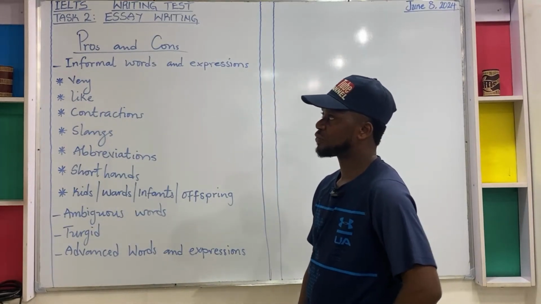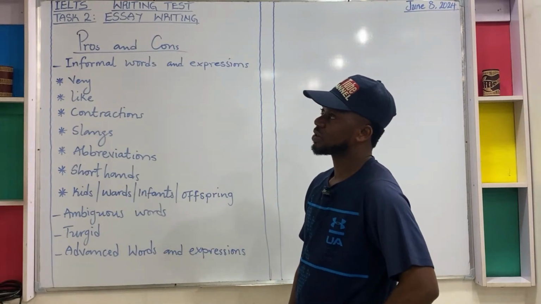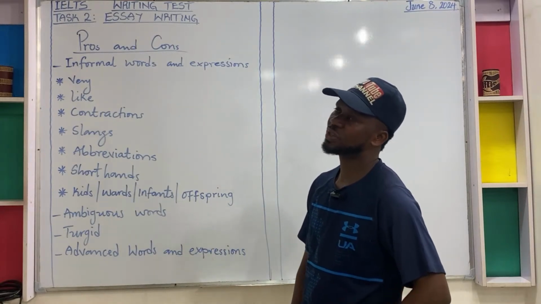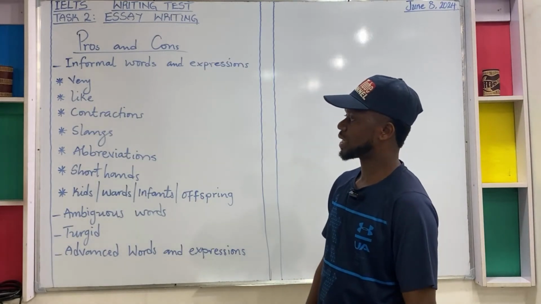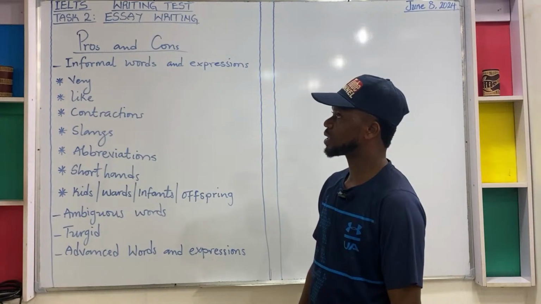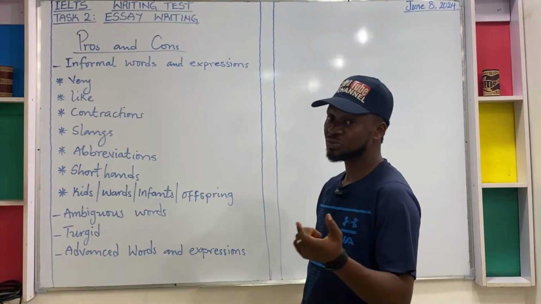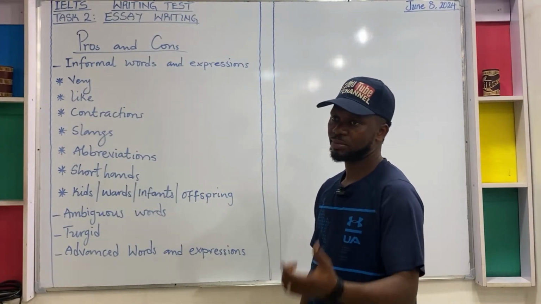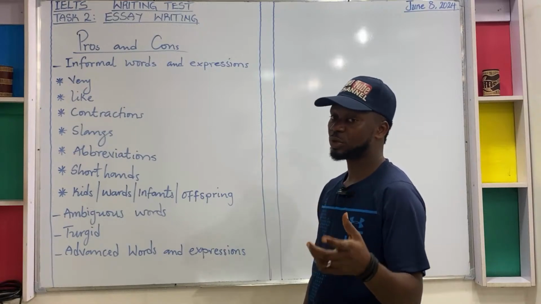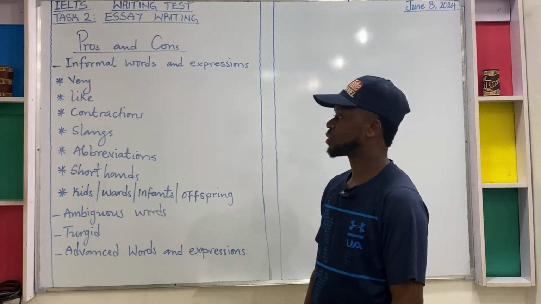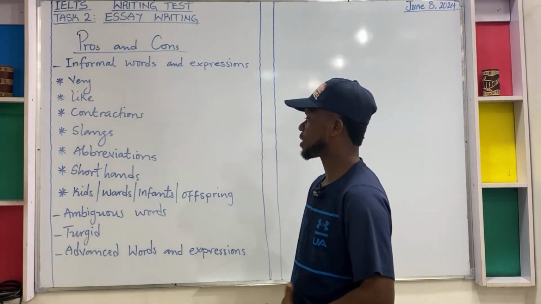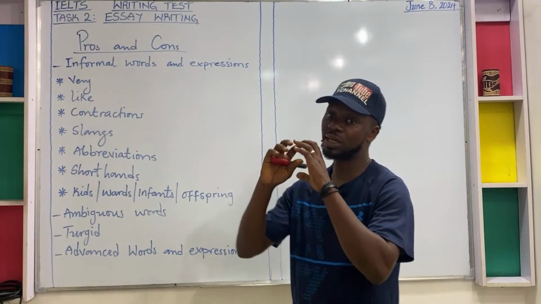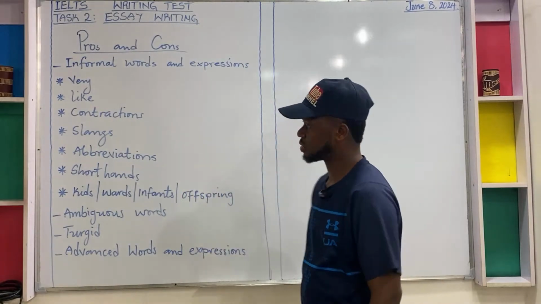You must avoid vernaculars, bringing your native expressions into essay writing, except when the topic is about your native menu or recipe or practice, whatever it is. That's where you can bring in a native expression, but you must, in brackets, give the formal expression.